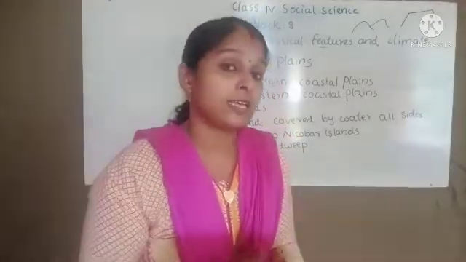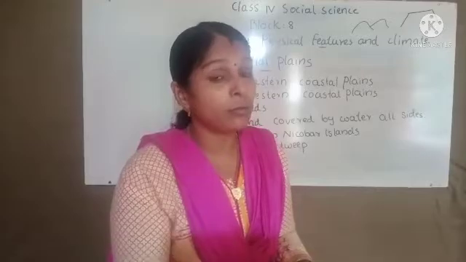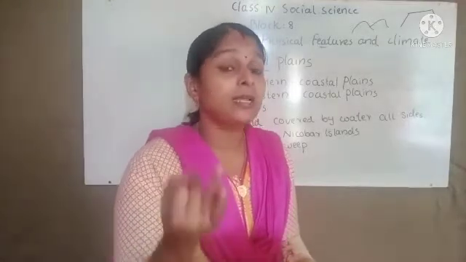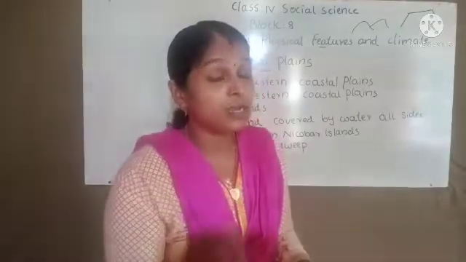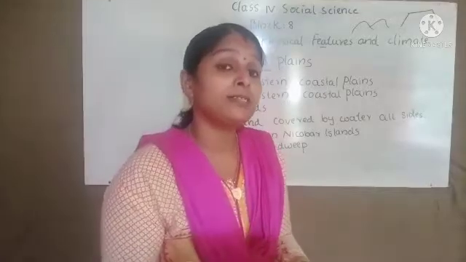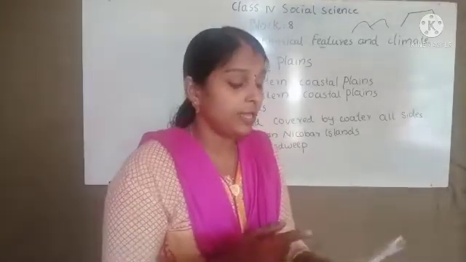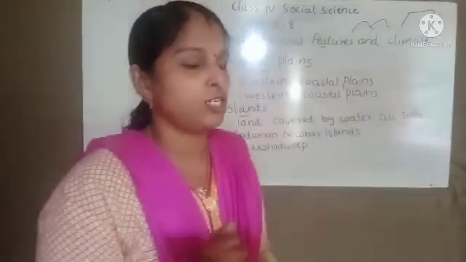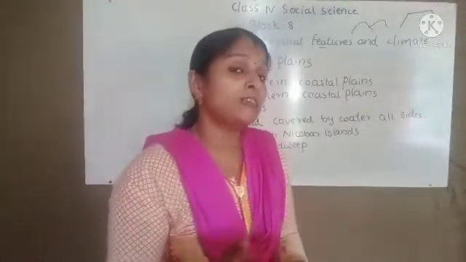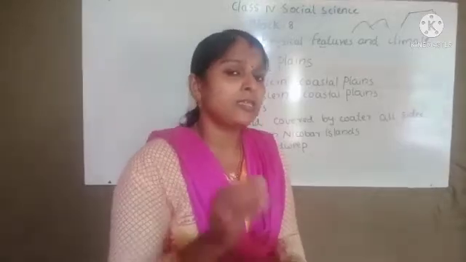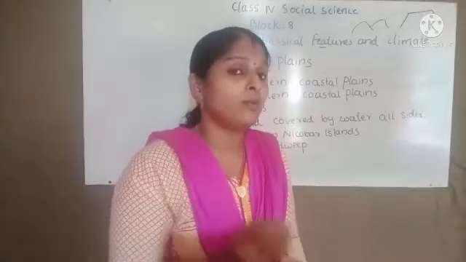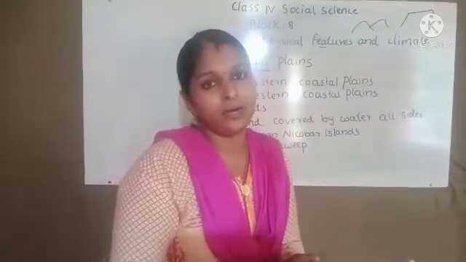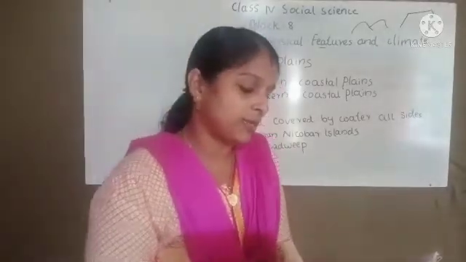So we know the physical features: mountains, northern plains, desert, peninsular plateau, coastal plains and islands. Okay, the next question is, write a few features of the Thar Desert of India. Thar Desert is mainly spread over Rajasthan. It is covered by sand dunes and very little rainfall is available. Okay, this is the way you can write the answer.